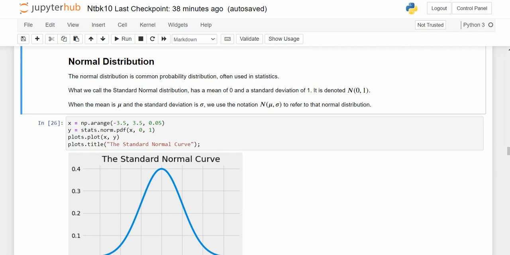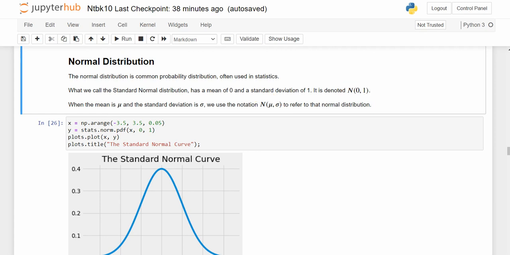For a normal distribution, we use a capital N, meaning normal. The first number is the mean, then a comma, and then the second number is the standard deviation. So the standard normal is N(0, 1).